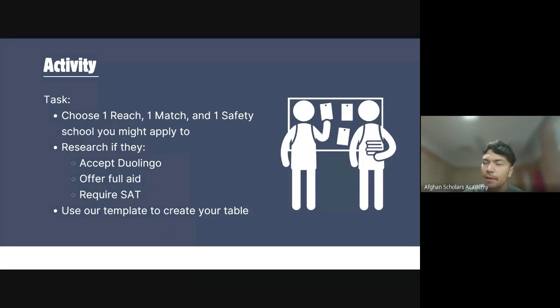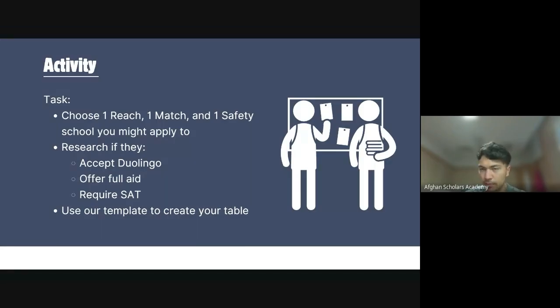For your assignment, please submit it through email, which I guess is easiest. The email you should use is on the chat here.